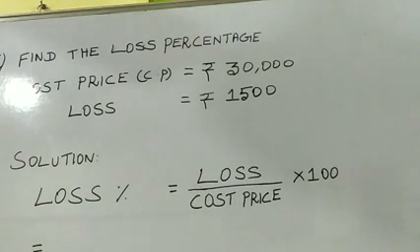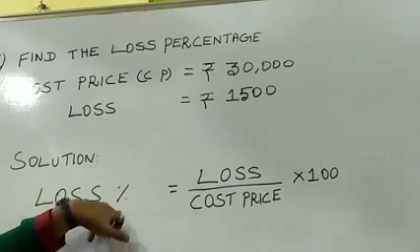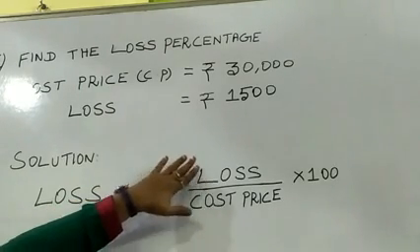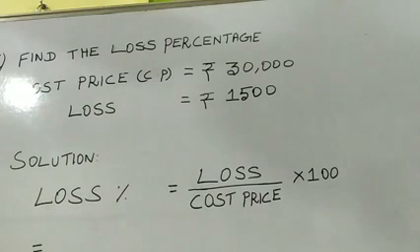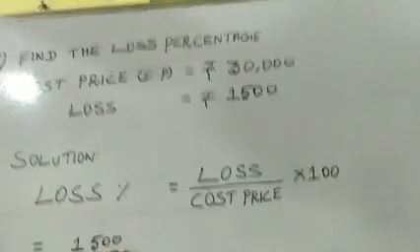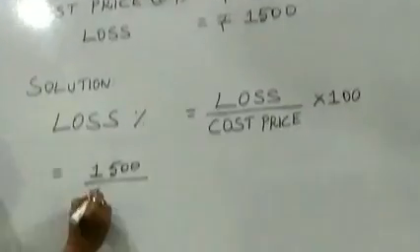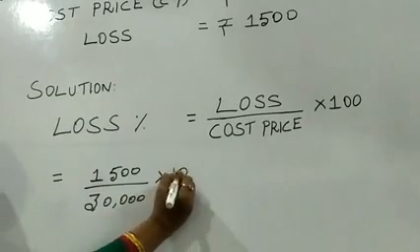In profit we take profit, but here for loss percentage, instead you write down loss, that alone is the difference. So you need to substitute the given amounts. The loss is rupees 1,500 and cost price is 30,000, multiplied by 100.